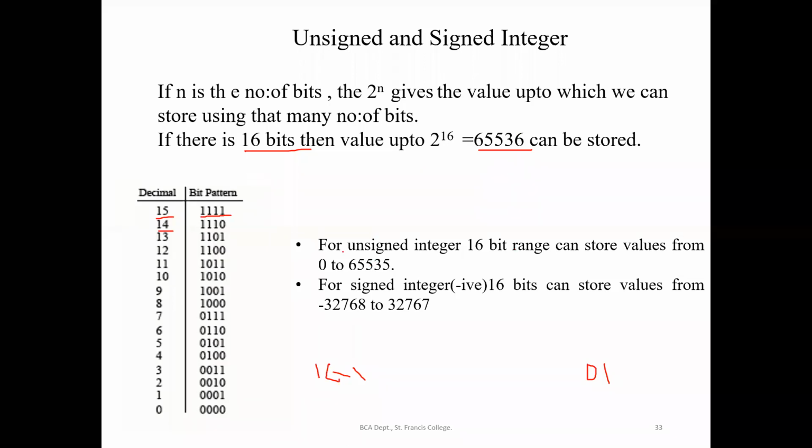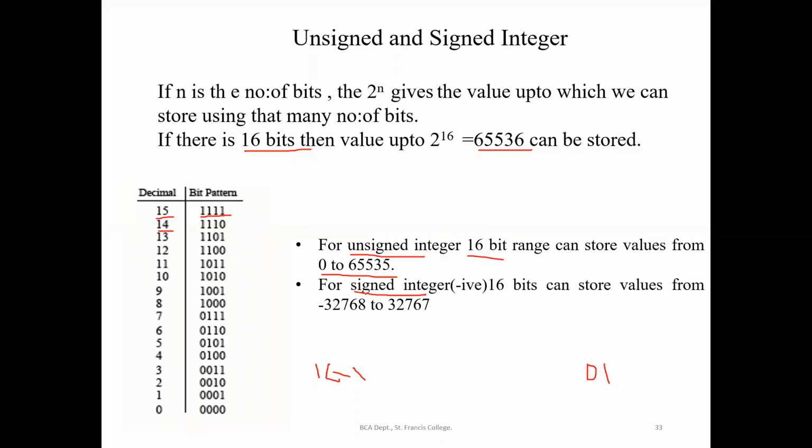As I told before, you can declare it either as unsigned int or signed int. In unsigned integer, 16 bits are used to store the value, so we can give from 0 to 65,000.